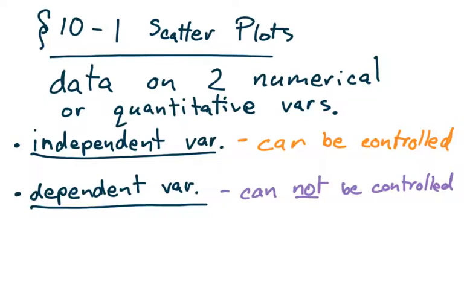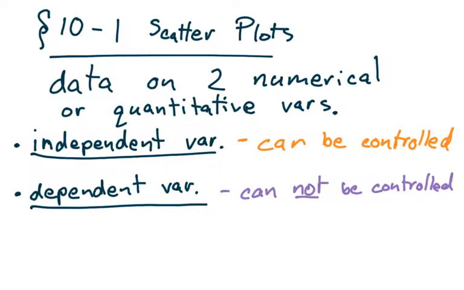So we can set the price at $25, and then we can gather the data in terms of how much revenue or sales volume we generated, but we can't set that aspect of it. So that's the relation between these two numerical values, and that's what we want to examine.